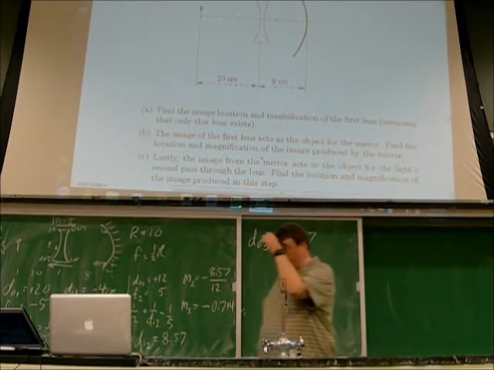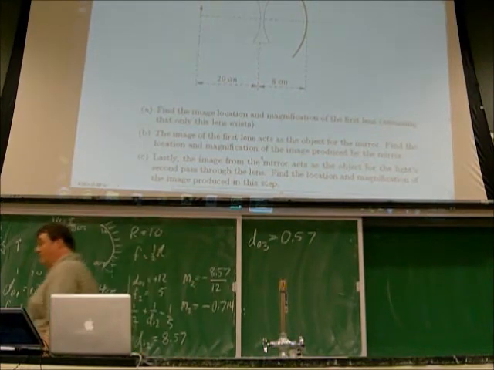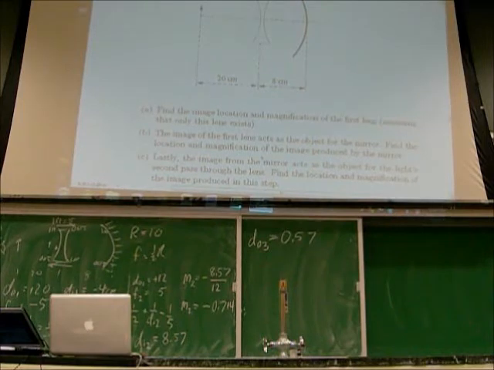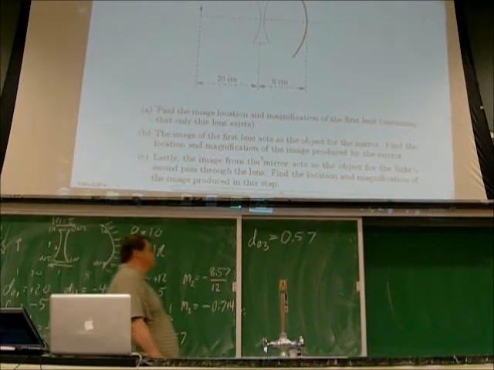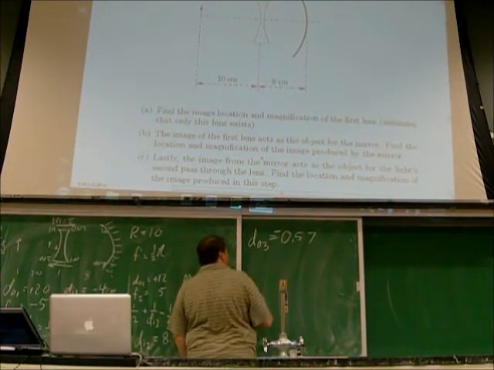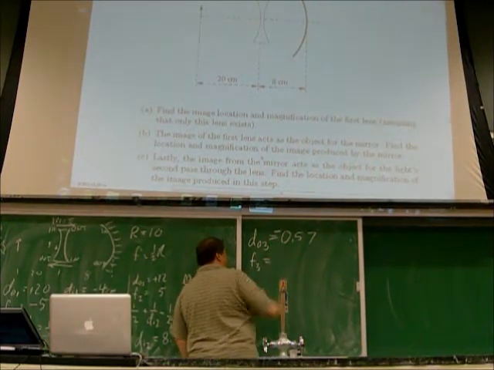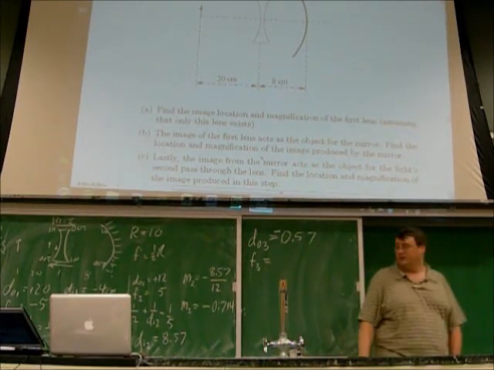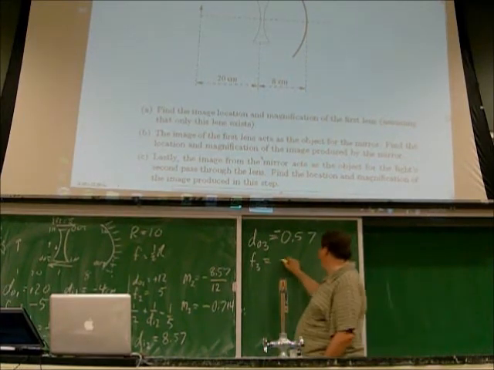And where are objects supposed to be? On the incoming side. Is this object on the incoming side? No. No, it's not. Remember to look at the second pass for the lens down here. This object is not on the incoming side. So this object distance is negative. Focal length 3 is? -5. Still -5, just like always.